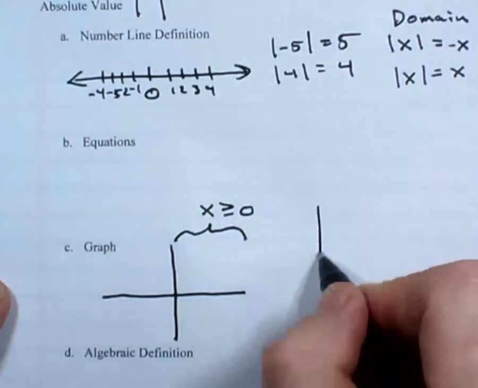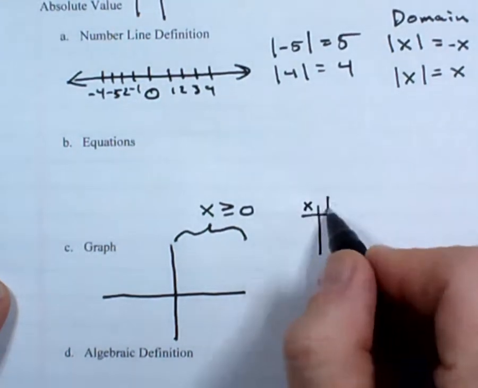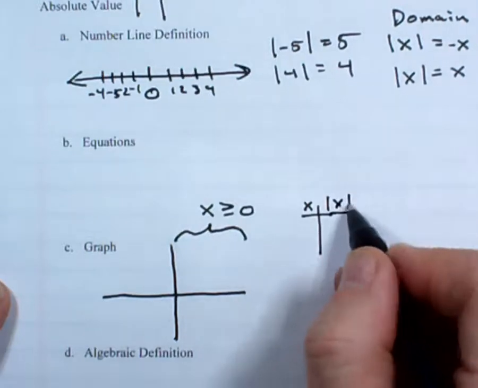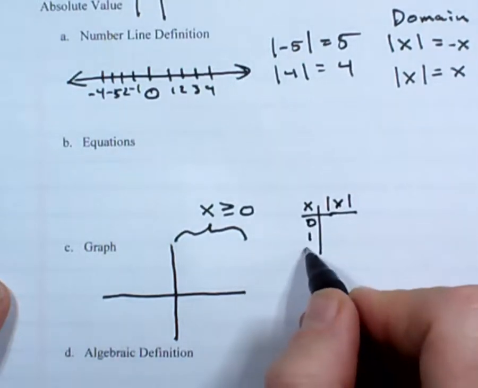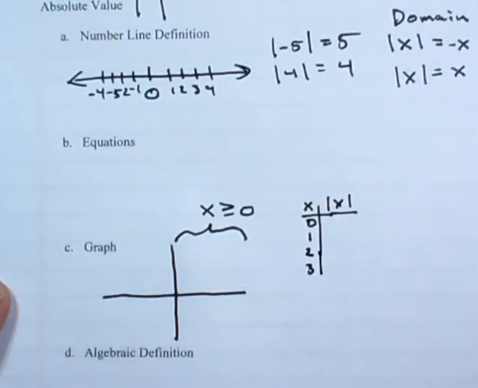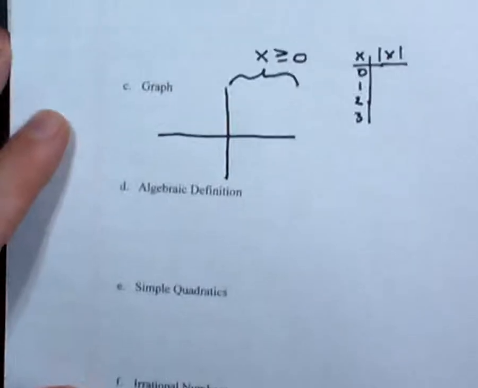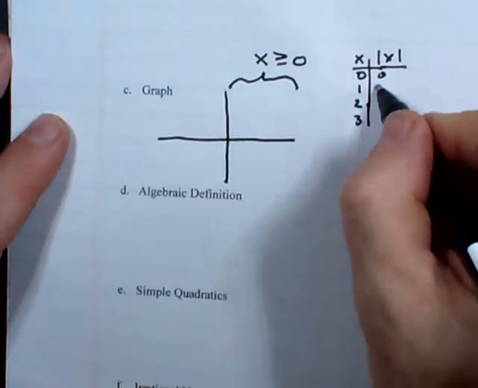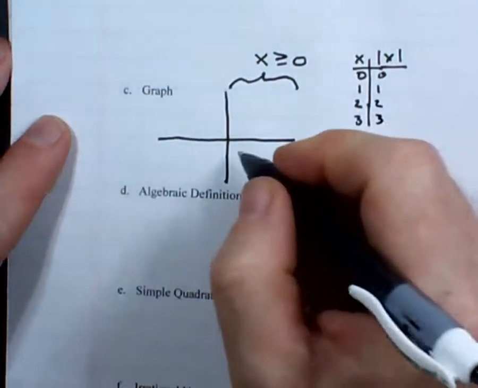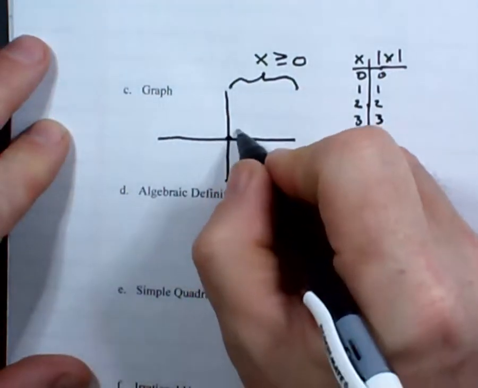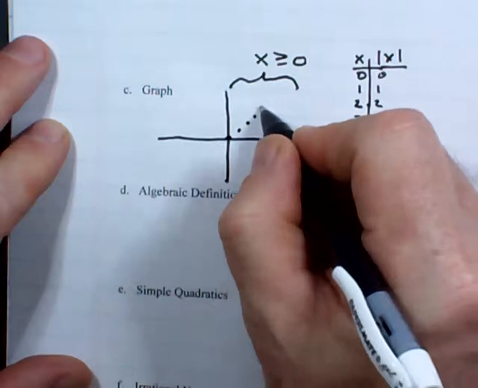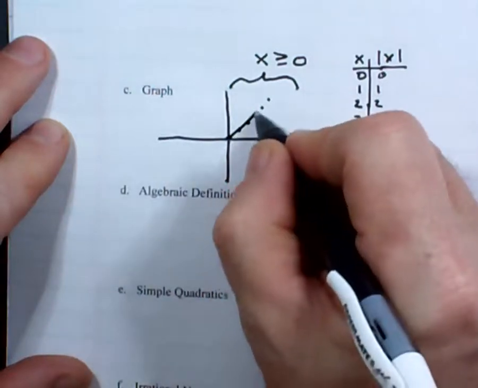Here I have x. Here I have the absolute value of x. 0, 1, 2, 3. What do I get for answers? 0, 1, 2, 3. Perfect. What does that look like? Well, it's going to be here, here, here, here, here, here. That looks like this line.